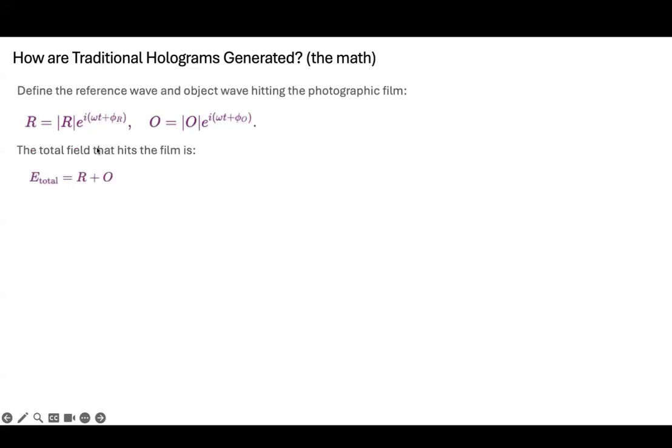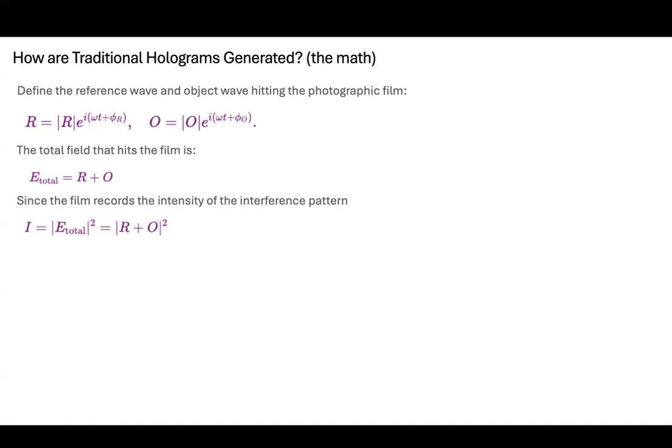So the total field that hits the film is R plus O. And since the film only records the accumulation of the field that's hitting the film, you only see the intensity.